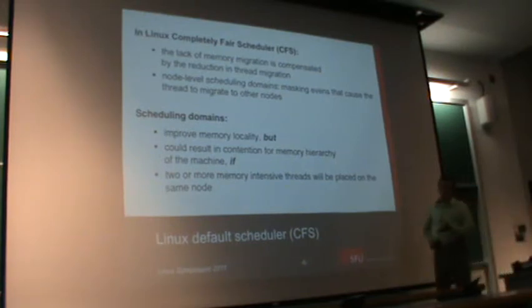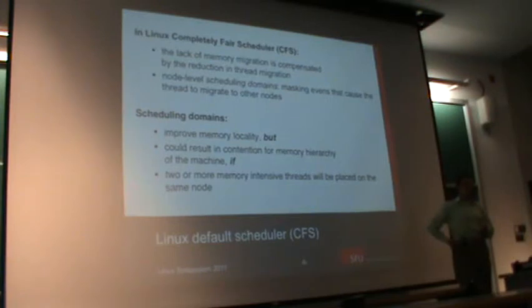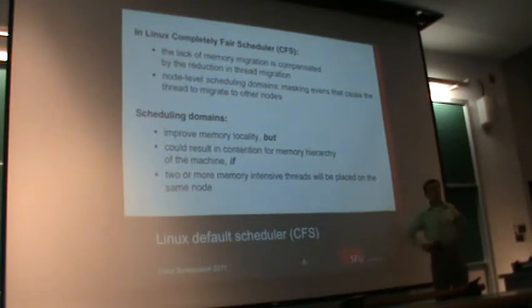Now the scheduler that Linux is based on. I guess the developers were aware of that. The way it addresses this right now is that it tries to migrate threads less frequently between the NUMA domains. You have a NUMA server with Linux installed on it. Usually the way Linux is installed on NUMA servers, you have the option to turn on NUMA support in the kernel.